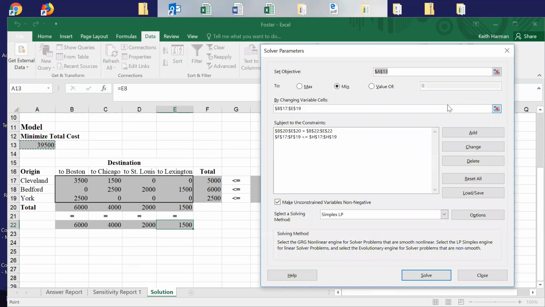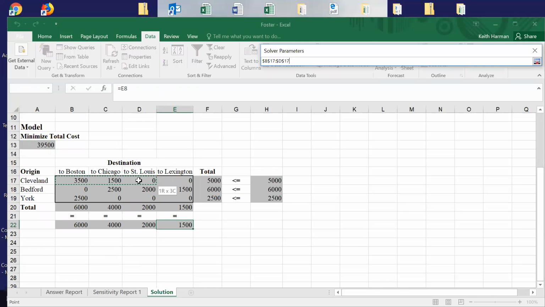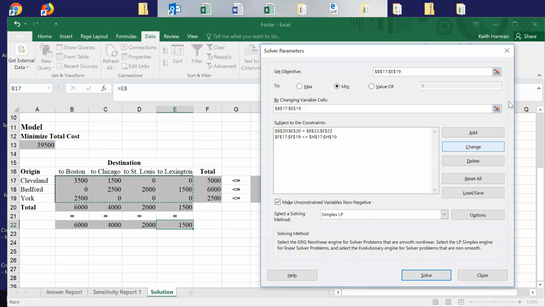All right. Now, in this case, this is a minimization problem, and you'll see we're going to minimize this by changing the cells B17 to E19. Okay. In other words, here. You see it so far?